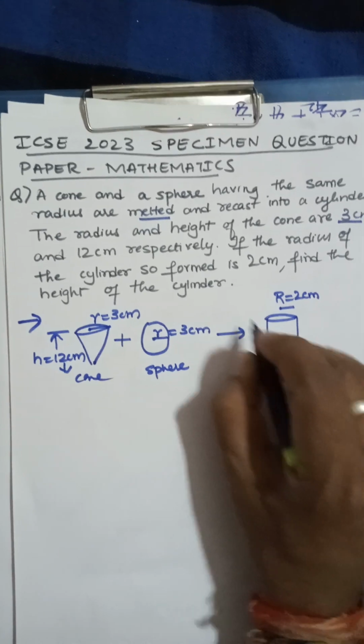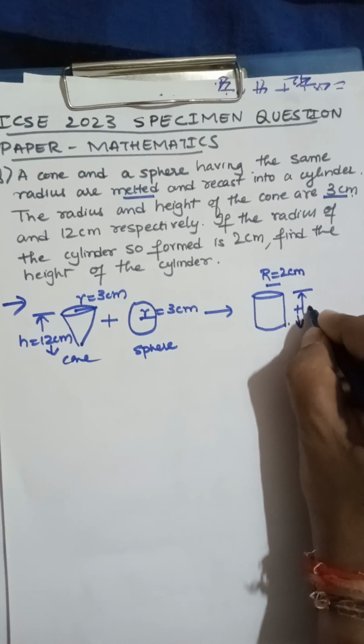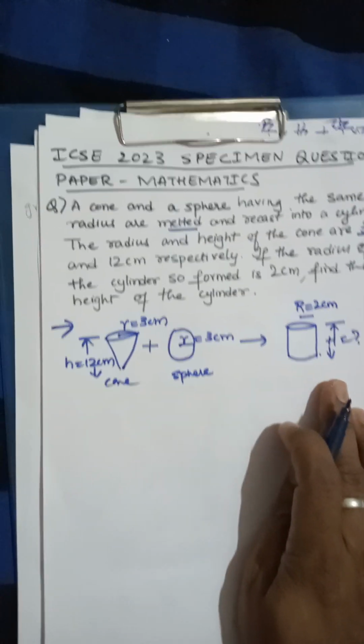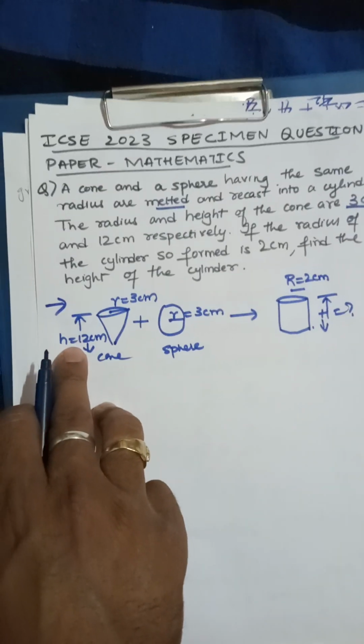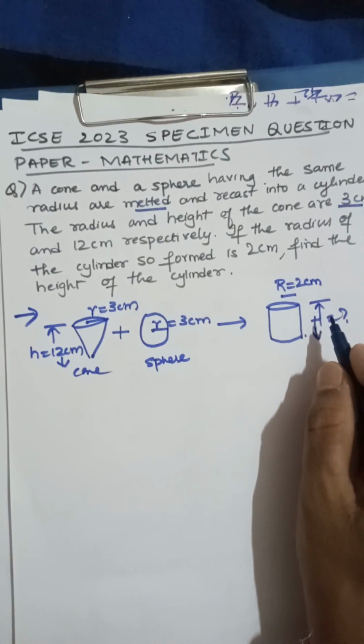Now we need to find the height of the cylinder. So I will represent the height of the cylinder as capital H, to differentiate it from the height of the cone. We need to find the height of the cylinder.